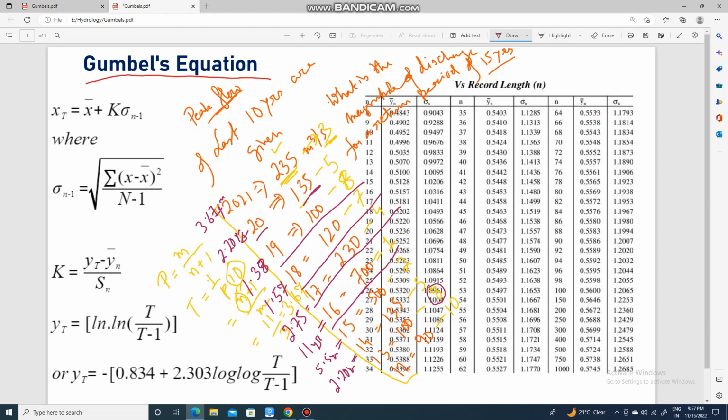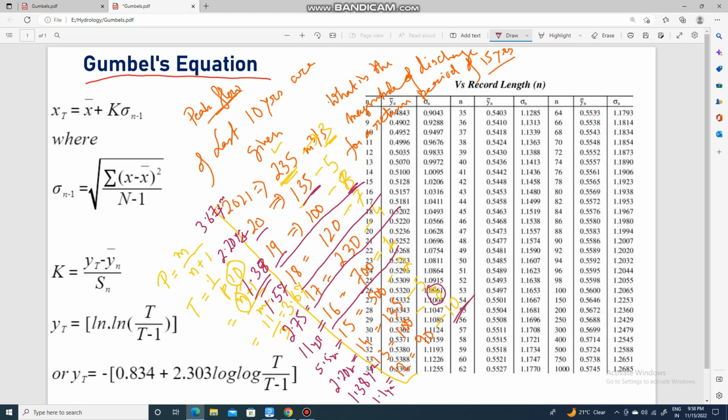This one has a position of 8th, and already we have dealt with 8th, so the peak flow of 2019 has the same return period, 1.38 years. And lastly, we have an event which has got the last position in the descending order of magnitude. So this will have a value of 1.1 years.